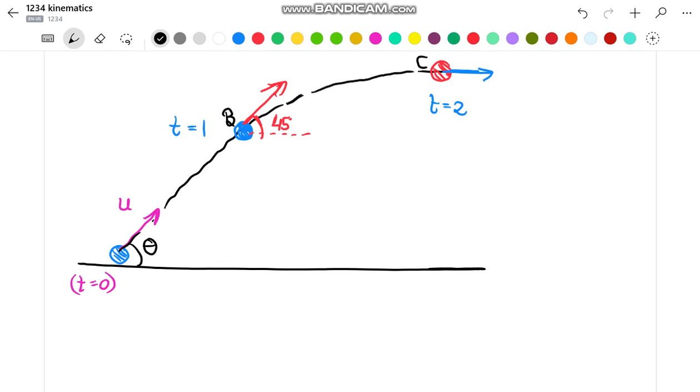So for this motion under the influence of gravity, its initial velocity at point B in the vertical direction should be equal to 10 meter per second, since it is going to reach point C where the y component of its velocity will be 0 after 1 second.